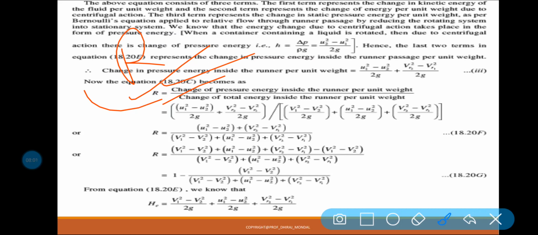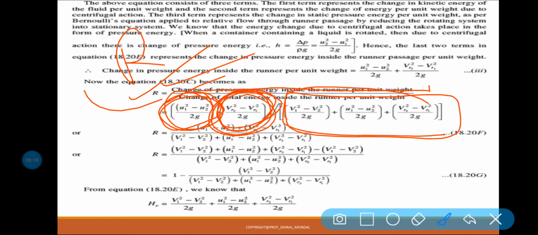Now the change of pressure energy inside the runner is what? That is U1 square minus U2 square by 2G plus the difference of relative velocity square by 2G, and total energy I have already got, HE.